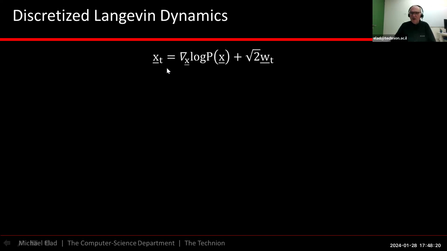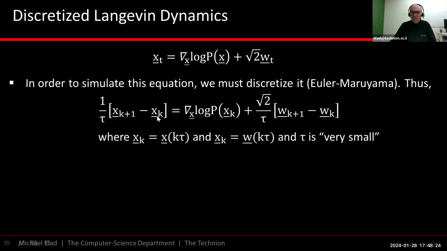This is the equation. Let's turn it into something more practical for us. So here's what I'm doing. I'm taking the temporal axis and I'm breaking it into very small intervals tau: 0, tau, 2 tau, 3 tau, 4 tau, basically sampling. This tau is really, really small. And so from now on, instead of being interested in all the time axis, I'm interested only in the integer multiples of tau.